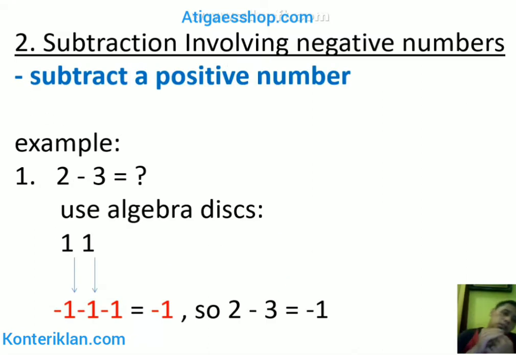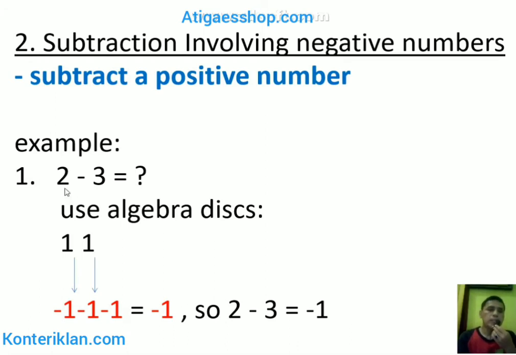What about subtraction involving negative numbers? The previous one was addition, and this one is subtraction. Subtraction involving negative numbers: subtract a positive number. Example: 2 subtract 3 equals what? As usual, use algebra tiles.